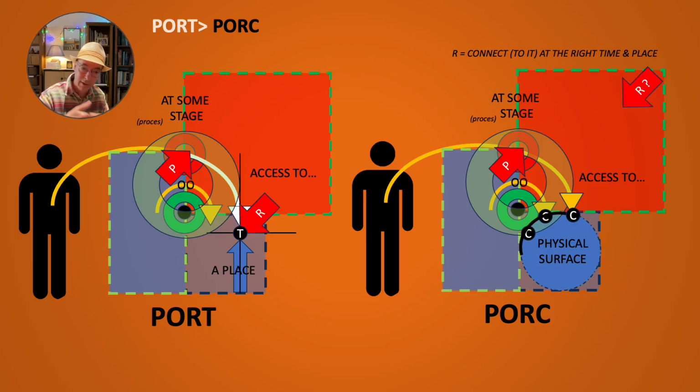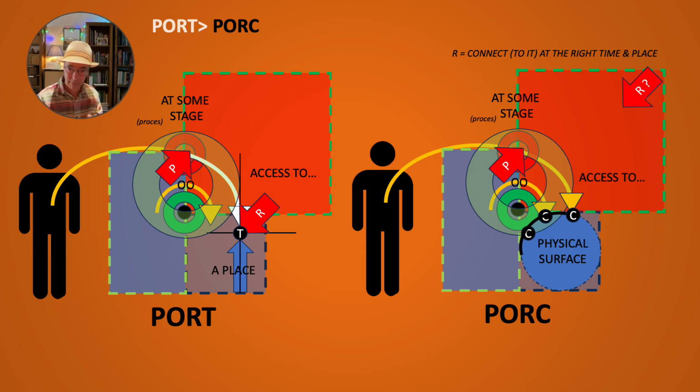So in PORTE, that place is always there. In PORC, that surface is always there, but the time has to be ready so that you have access to that point, to access it at the right moment and place, as the R also says. I only go there.